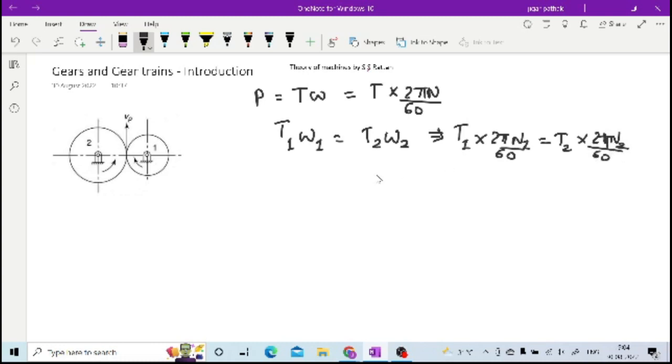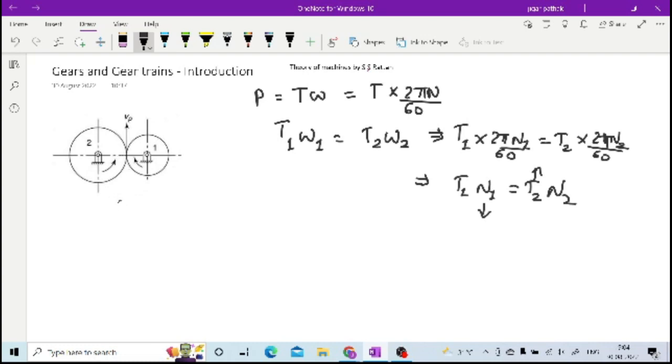So when you have a reduction in speed, you have an increase in torque. This is how gears are generally used for speed reduction and to get higher torque.